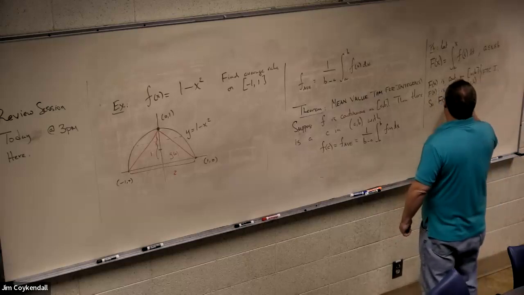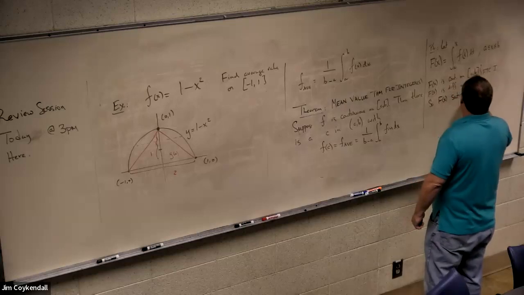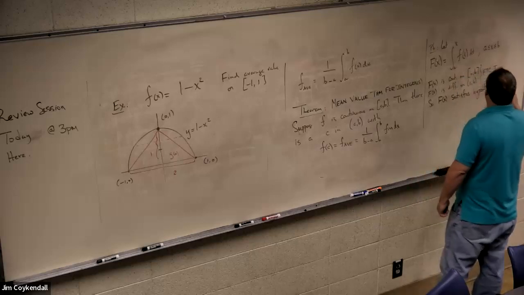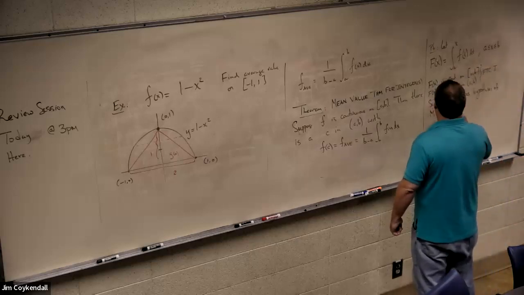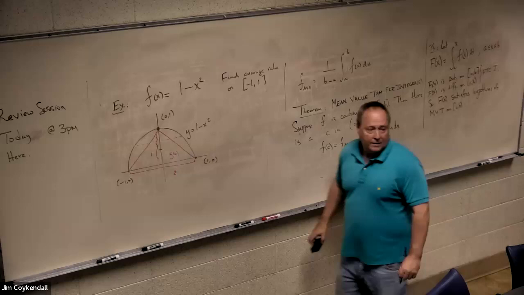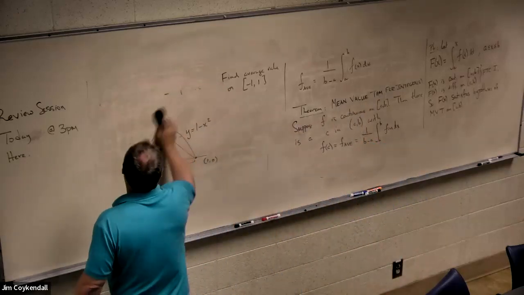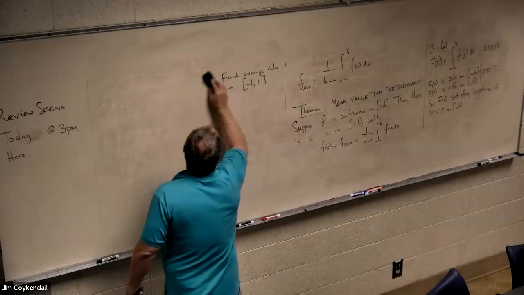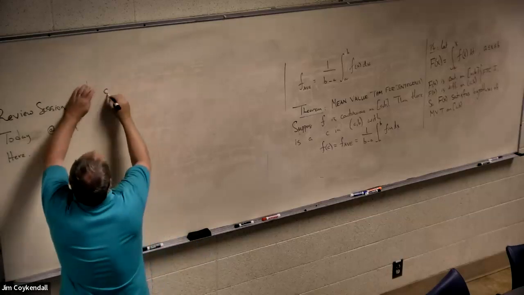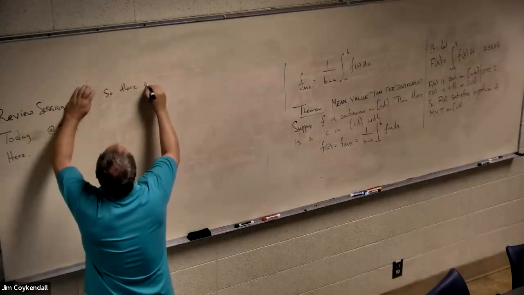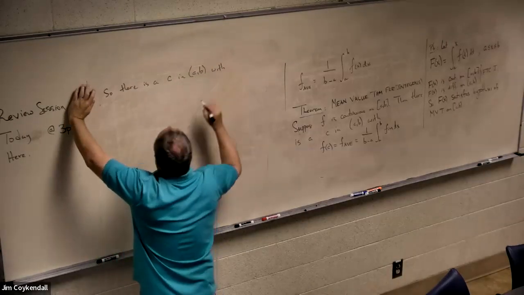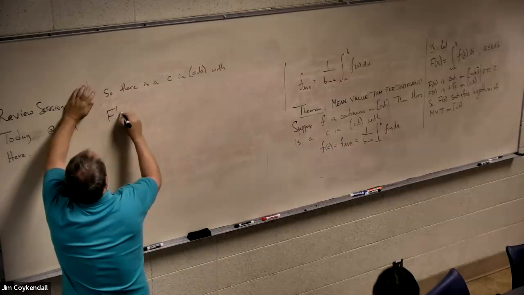Capital F of x satisfies the hypotheses of the mean value theorem on [a, b]. And so what does that mean? This means that there is a c with F prime of c equal to F of b minus F of a over b minus a.